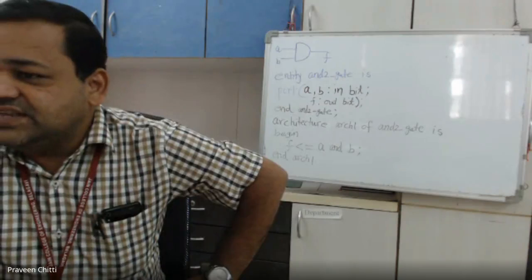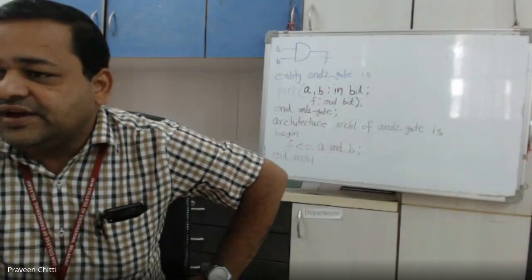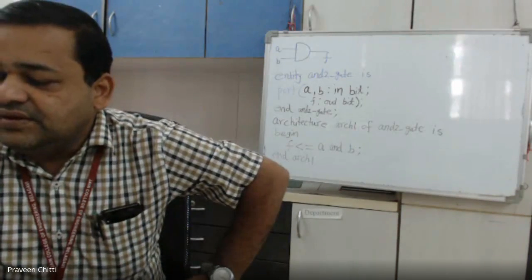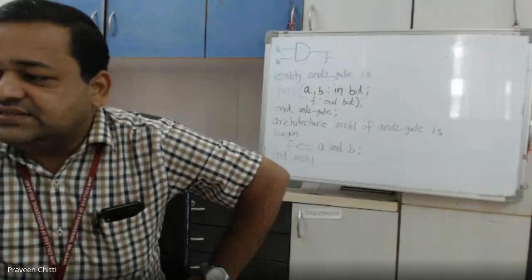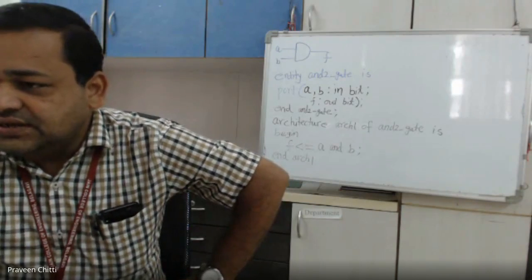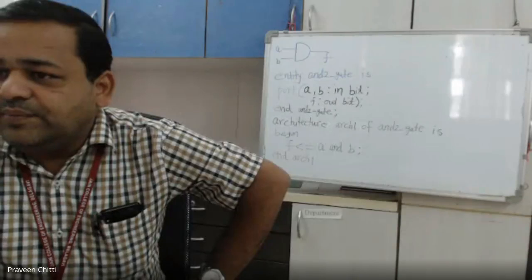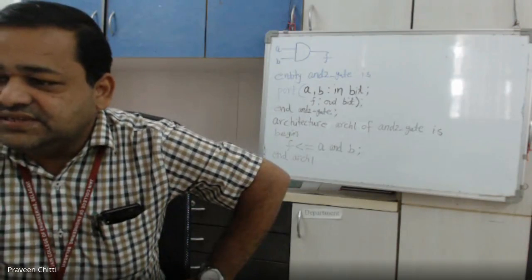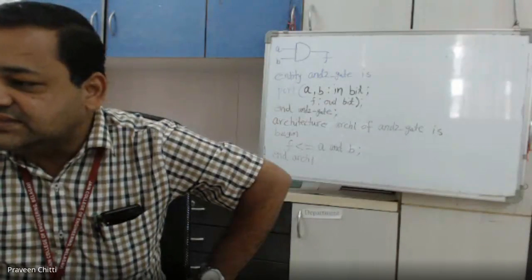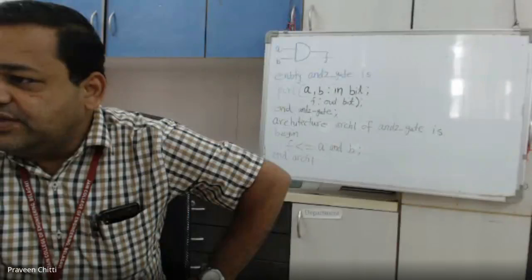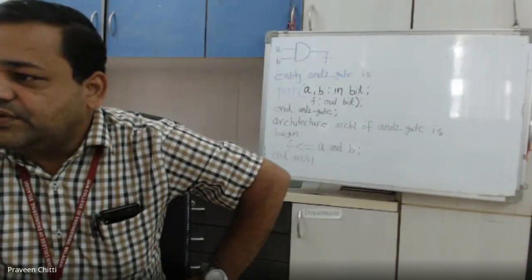Anyhow, I have just given you a brief overview of VHDL and how a simple program can be written. In the next class, we'll write some more VHDL codes so that you will be well versed with the coding part of VHDL. With this, we'll end today's class. If you have any doubts, you can ask me before you leave the meeting.